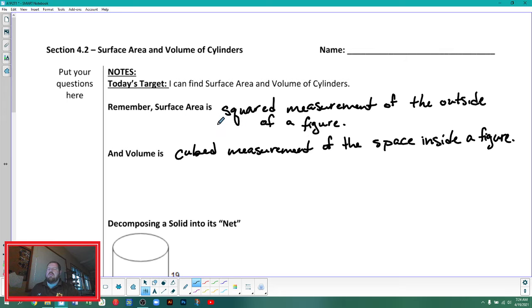The main thing I want us to remember is that surface area is squared, volume is cubed.